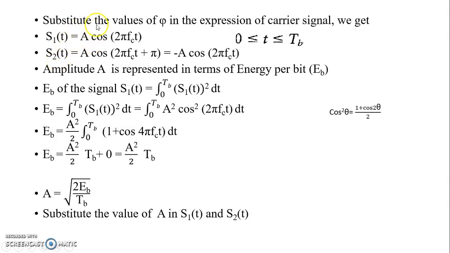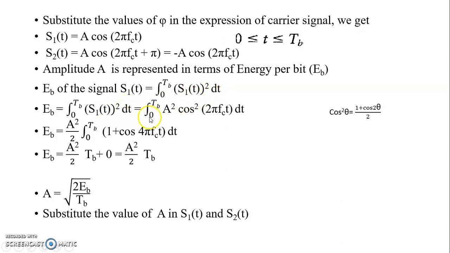In this expression, the amplitude of the signal A is represented in terms of energy per bit, Eb. So you have to calculate this A in terms of Eb. So next we are calculating the amplitude of the signals S1 of t and S2 of t. For that, we calculate the energy of the signal, Eb, of S1 of t as the integral from 0 to tb of S1 square of t dt.